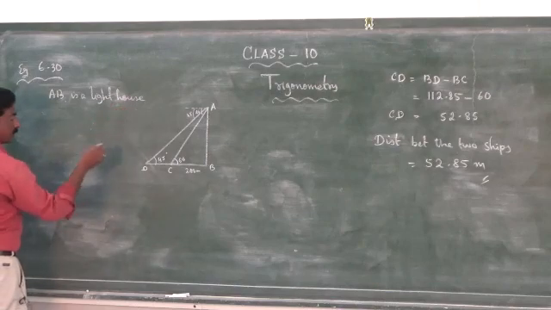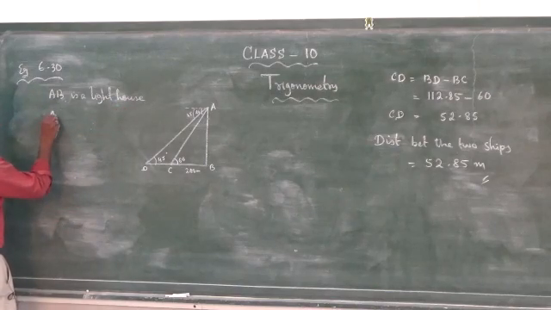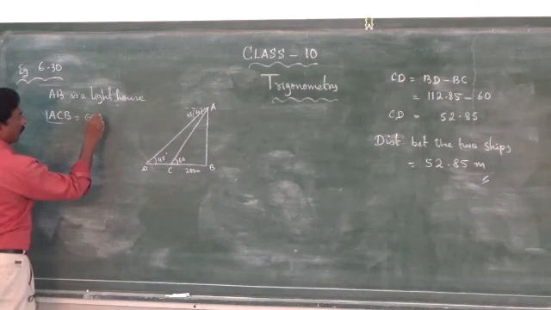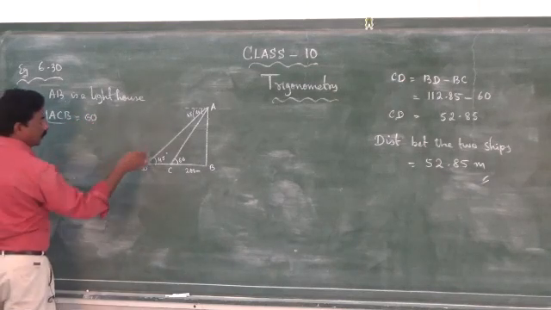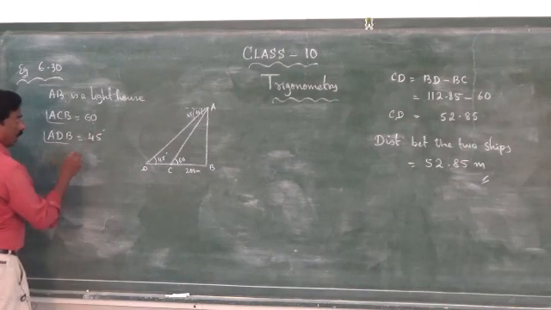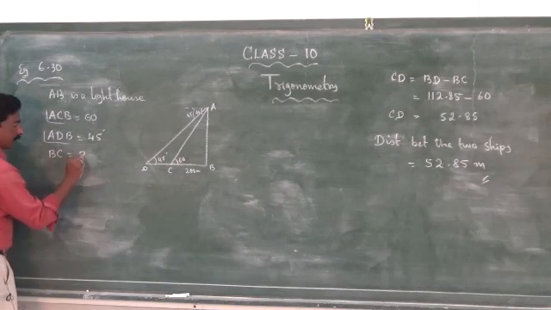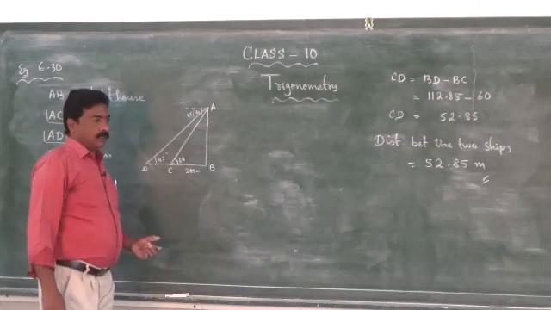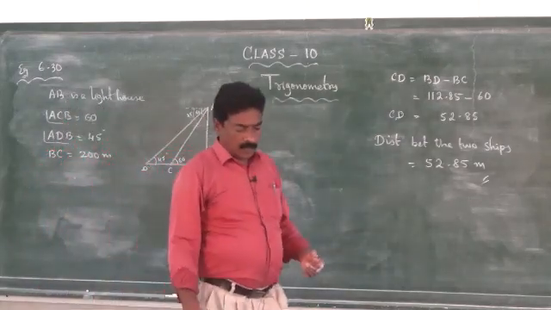The angle of depression of the ship, ACB, is 60 degree. And after 10 seconds it comes to here, so the angle of depression ADB is 45 degree. And BC is 200 meter. You have to find the speed in kilometer per hour.